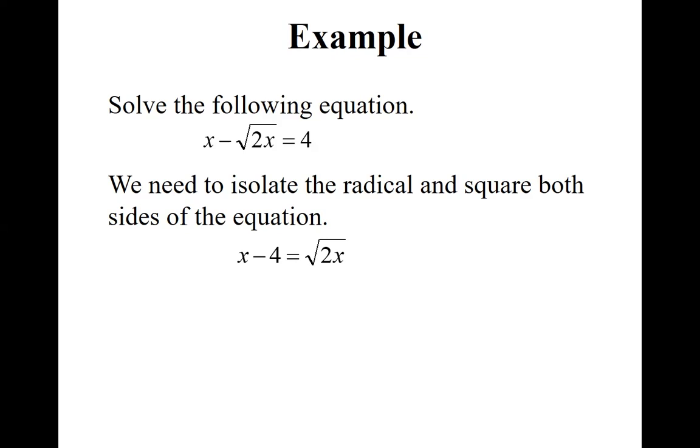So x minus 4 equals radical 2x. When we square both sides, we need to be careful to square x minus 4 as a binomial. FOIL it with itself or use the special formula. On the left, we're going to get x squared minus 8x plus 16. On the right, the radicals squared cancel each other out, leaving us with just 2x.